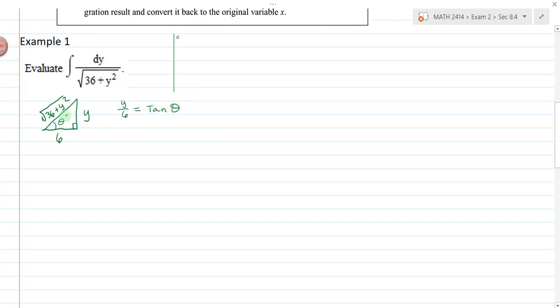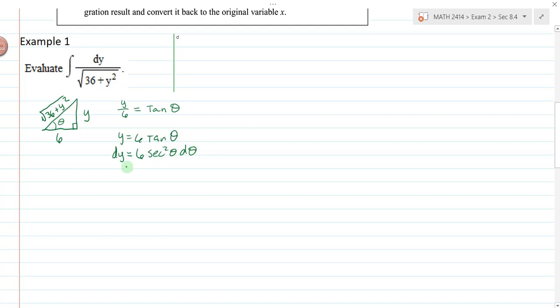We know we have these right triangle properties from trigs that work, and so we're going to take advantage of those. So if I solve this equation for y, I'm going to get y equals 6 tan theta. And then my next step is to take the derivative of y. Well, that's going to give me dy equals 6, and the derivative of tangent is secant squared theta d theta.